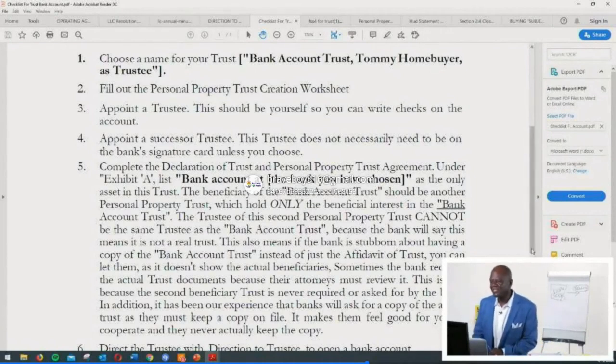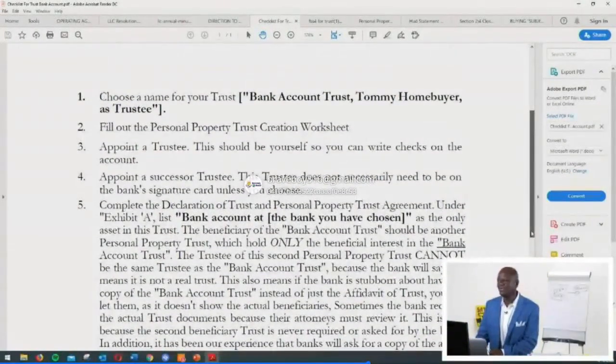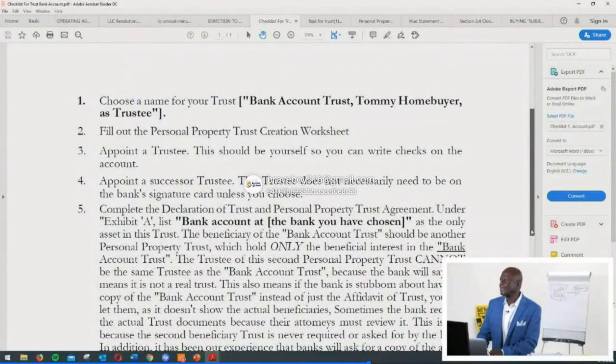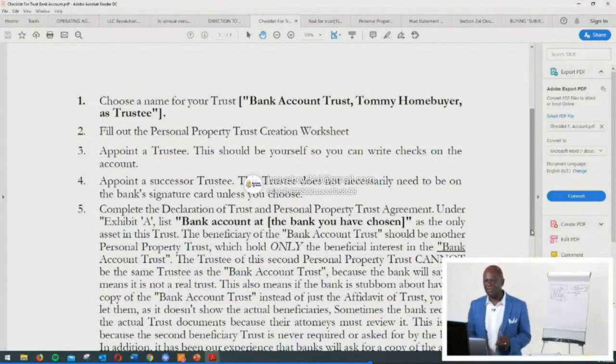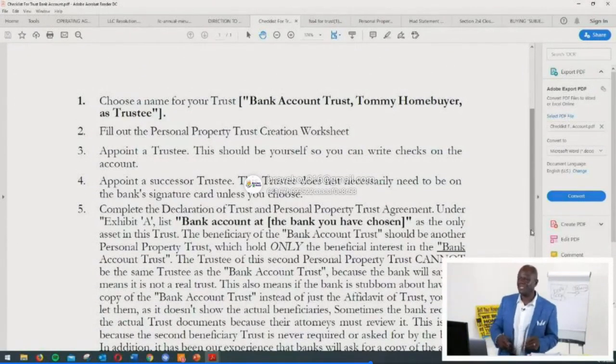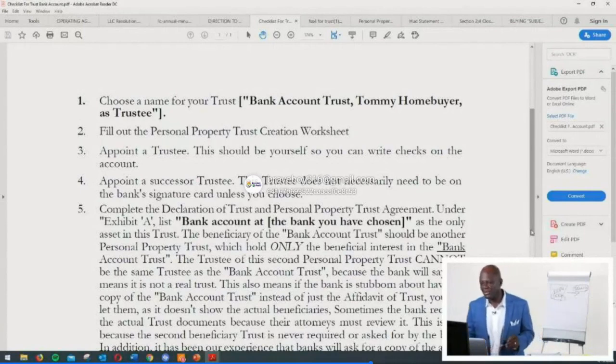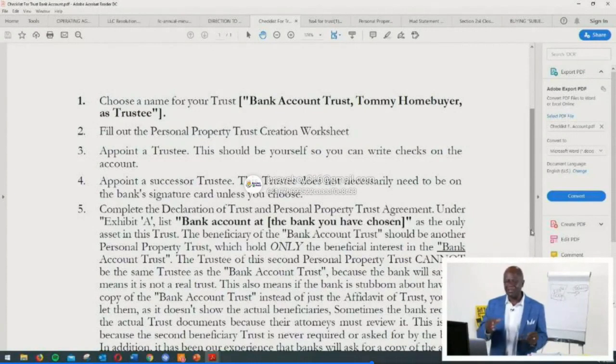All right, so this is all the instructions you're going to do. If you look at the instructions on the screen, you're going to name your trust bank account name, whatever you want to call it, ABC bank account trust or whatever. You're going to fill out your personal property trust creation worksheet, just what we just did for the car.